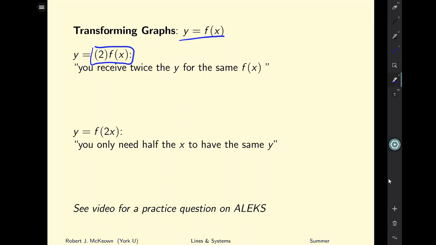Well, if you have the same amount of f of x, if x is the same value, you're going to get twice as much y. Now notice that the 2 here is outside the function.